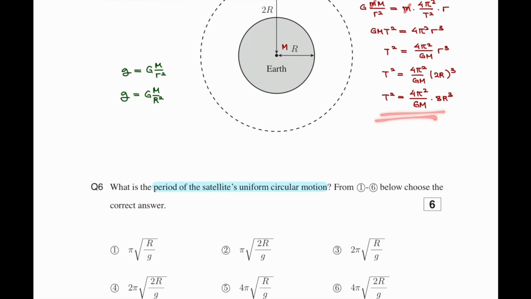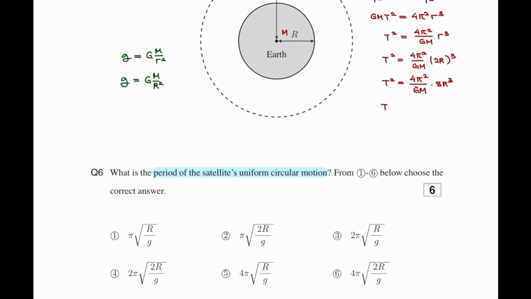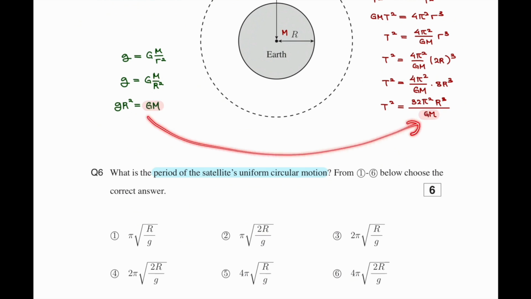Okay, let's see from this equation first. I got T square equals 4 times 8, which equals 32, pi square r cube over G M. I will cross multiply R square to the other side, so I will get g R square equals G M. Then I will substitute G M into our expression.